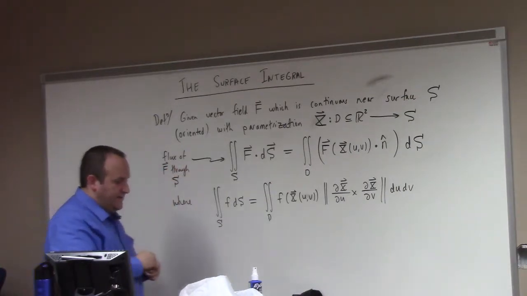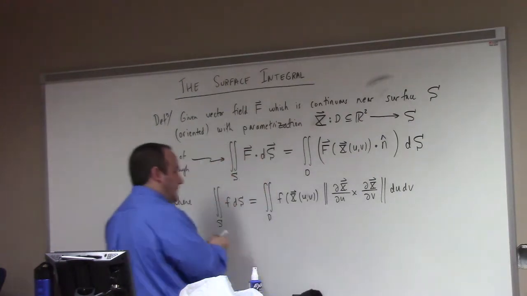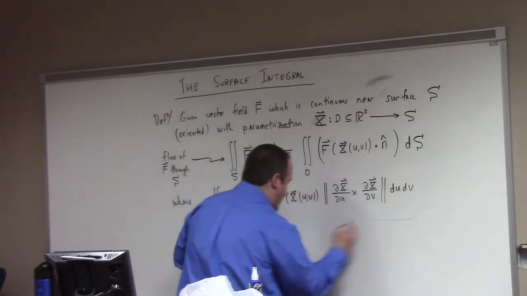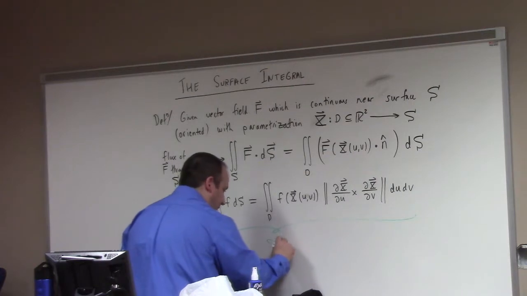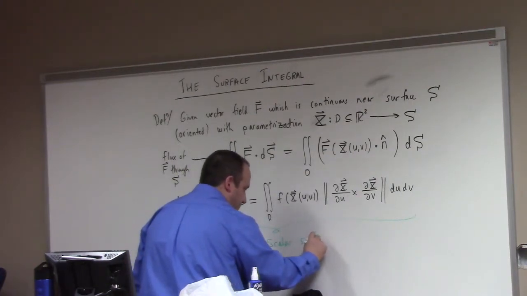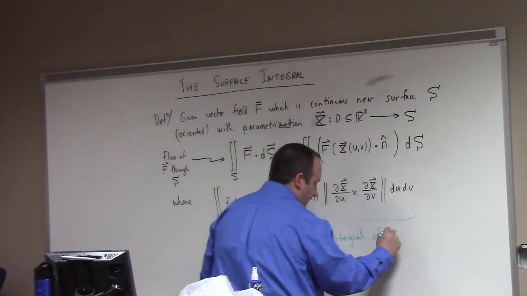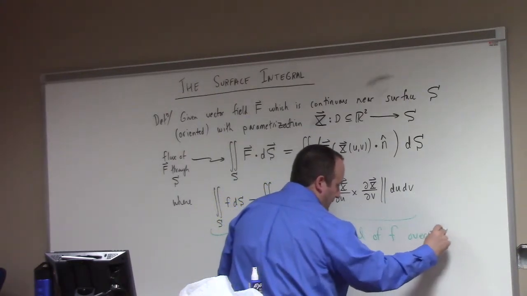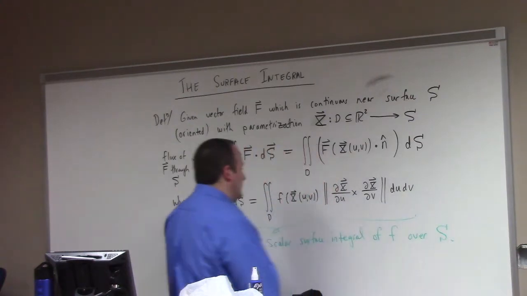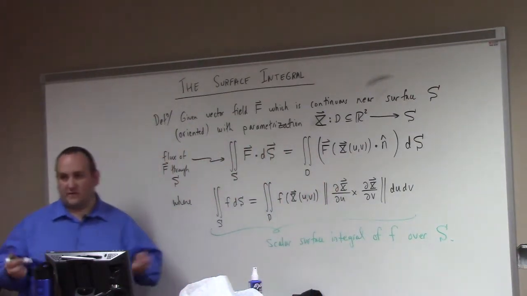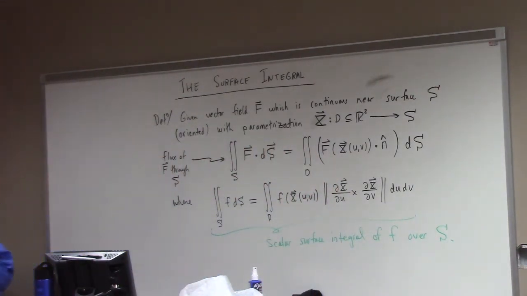I've actually given you two definitions here. This right here is the so-called scalar surface integral of f over S. Here, the little f is not a vector field, it's just a function. So the latter thing I just underlined in green, can you tell me what it would mean? A very important example of this. What would it mean if I put the function equal to 1? What would we be integrating there?